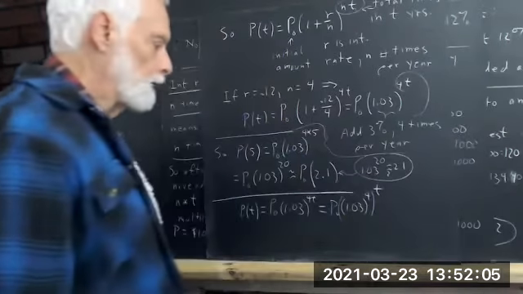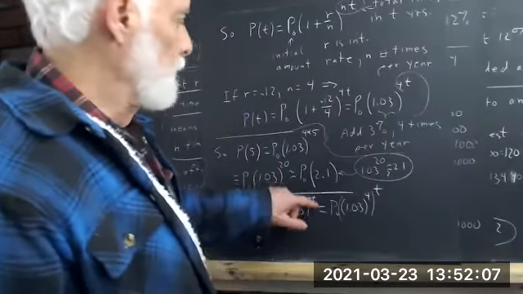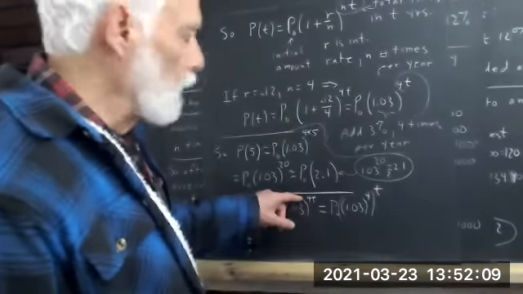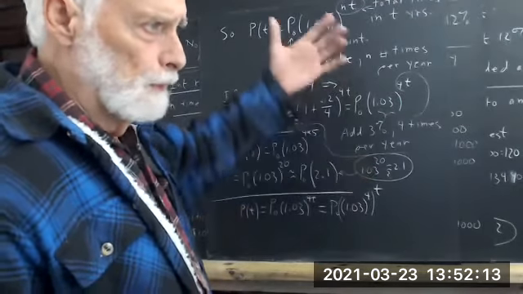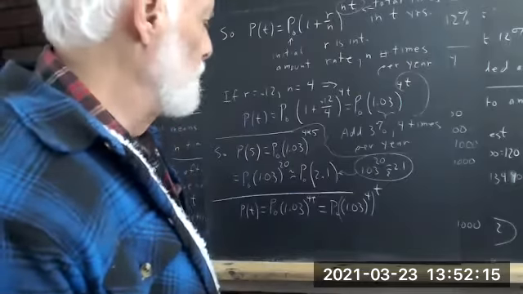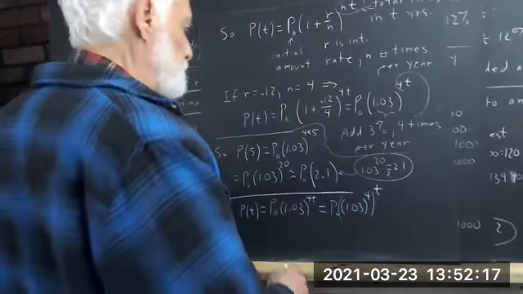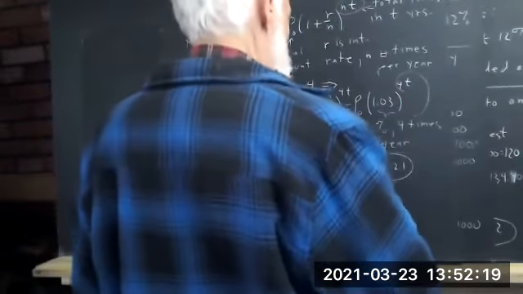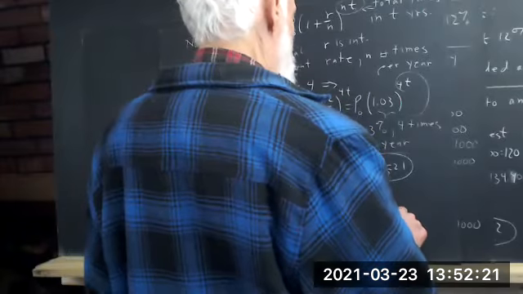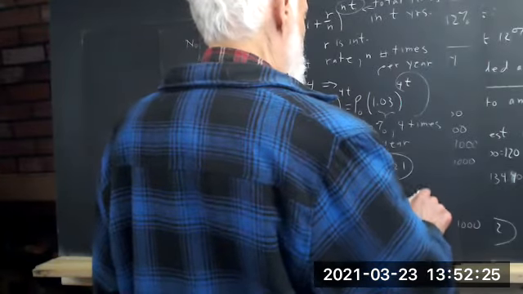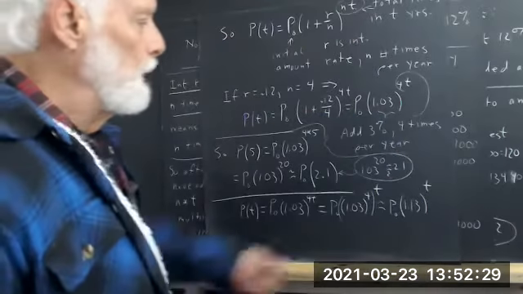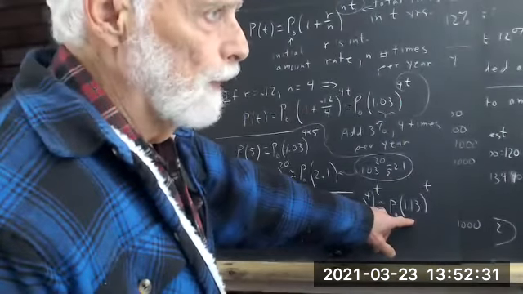Using the rules for exponents, raising something to the 4t is like raising it to the fourth and then raising that to the t. It's a multiplication rule for raising to a power. So it's like P naught times 1.13 to the t.